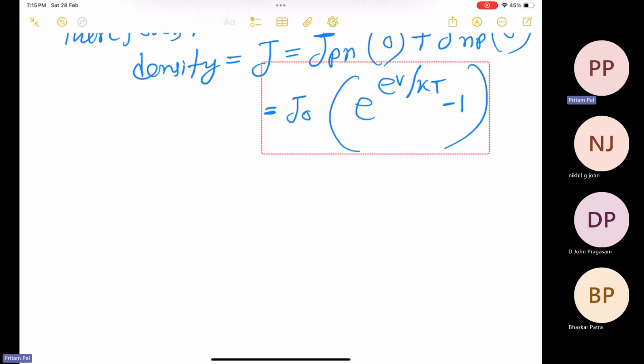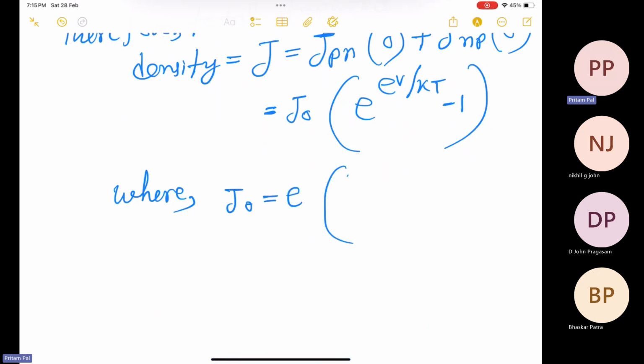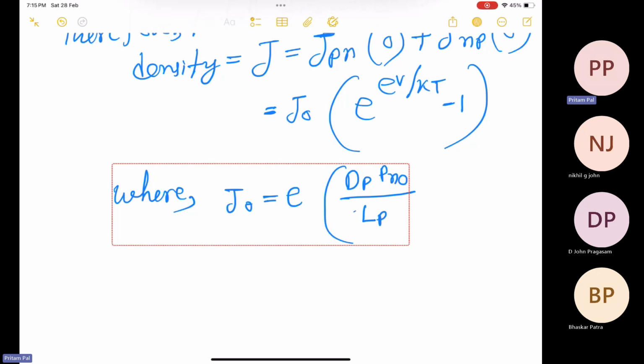So you know where you can find the expression of J naught, and it has a certain dependence. This formula is important, where J naught is times, this is the diffusion length.